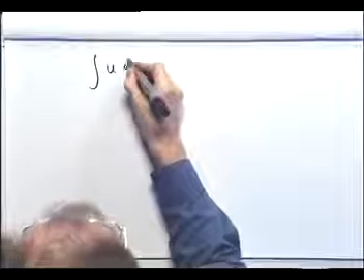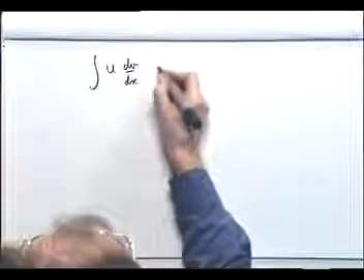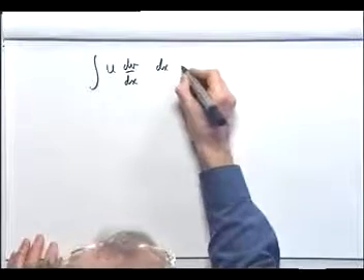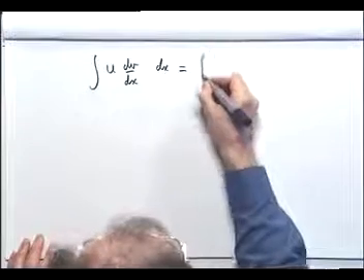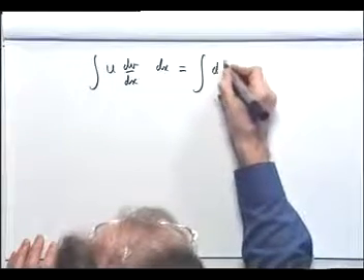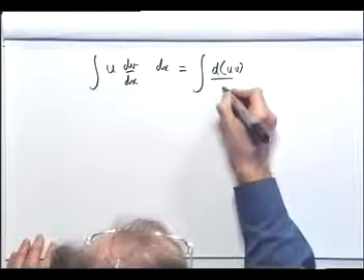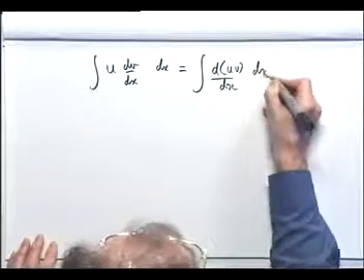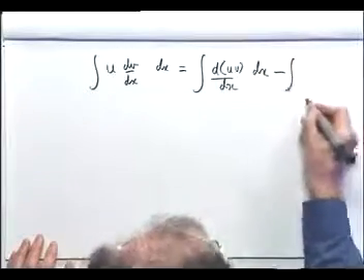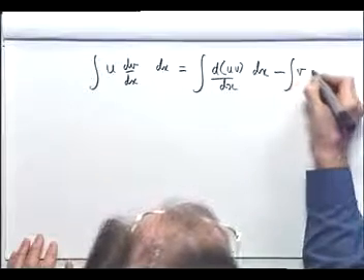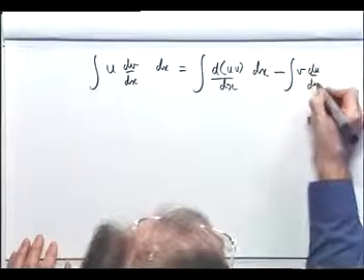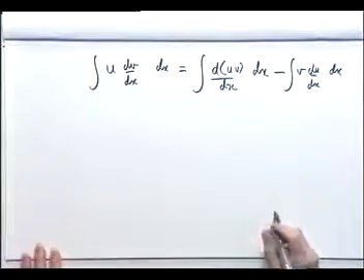So we have the integral of u dv/dx with respect to x is equal to the integral of the derivative of uv with respect to x minus the integral of v du/dx with respect to x.